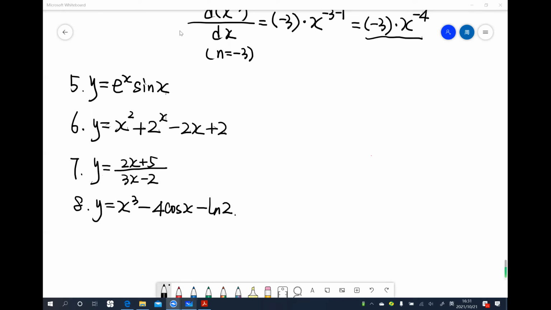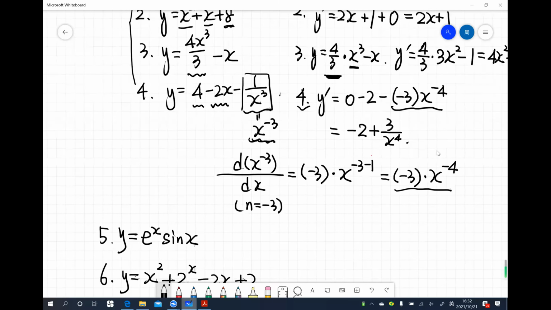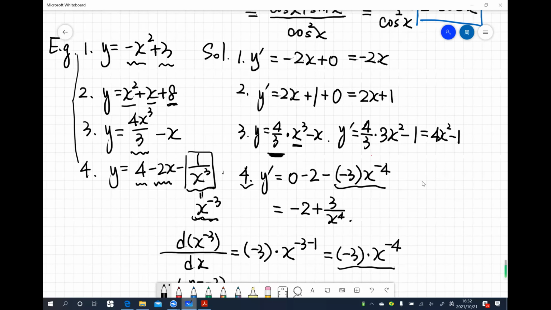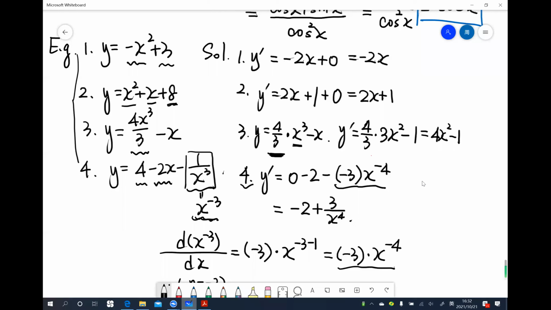I see about 20 students reply 1 in the WeChat group, and there are 45 students here. So that means more than half of the students cannot totally understand the first 4 questions. And actually the first 4 questions are very, very basic questions for calculating the derivative.